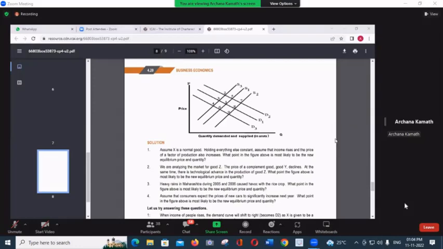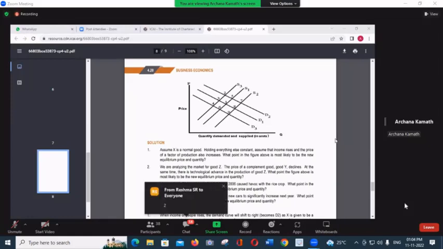Third one, answer. There is heavy rain, so due to heavy rains, we know that supply is getting affected. There is a crop failure. This causes the supply curve to shift towards the left. And you have to take into account that there is no change in demand at all. They have not mentioned anything regarding demand.